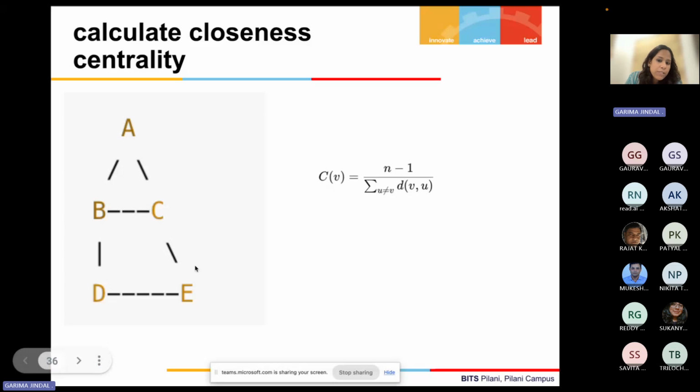So that will be the inverse average. Please calculate it and give me the answer.